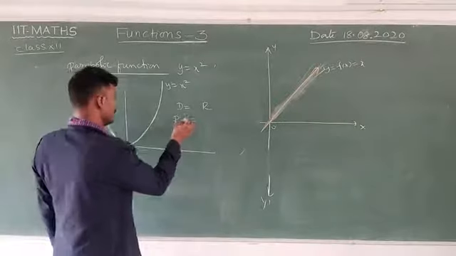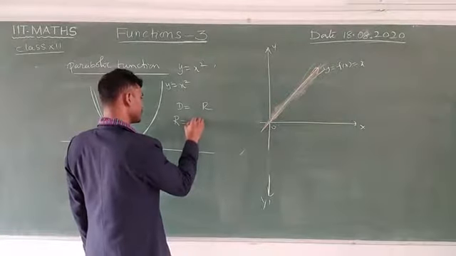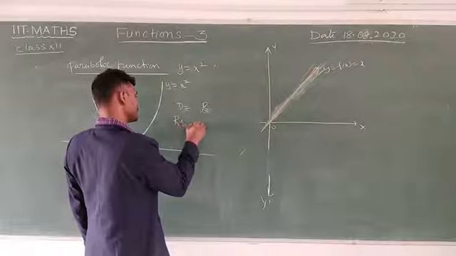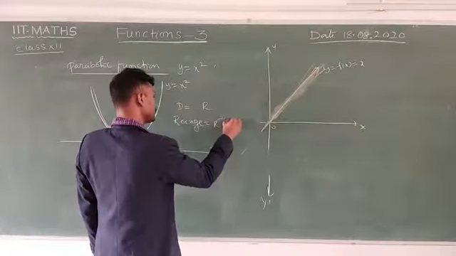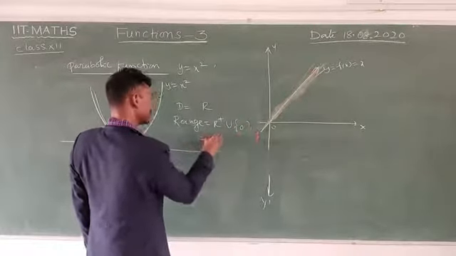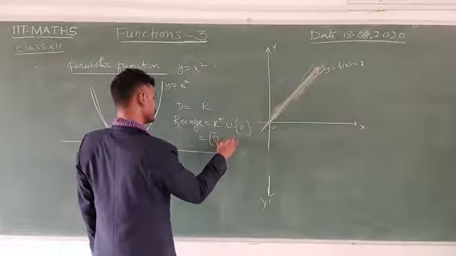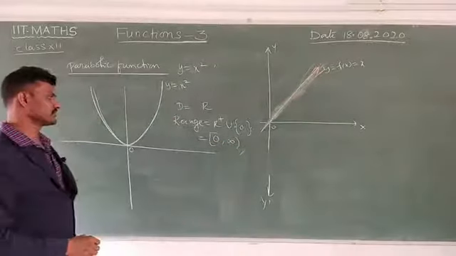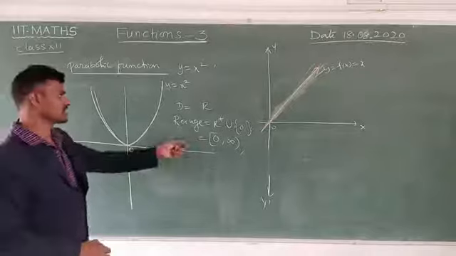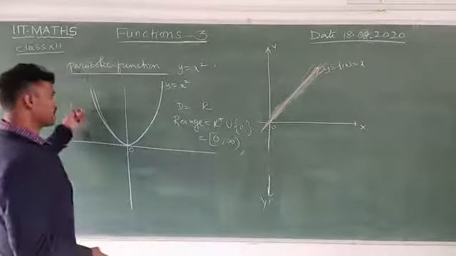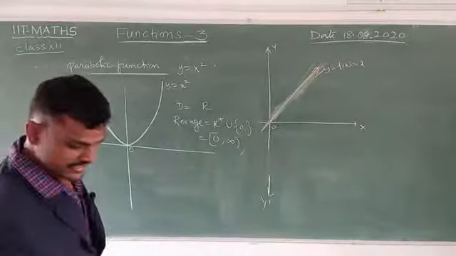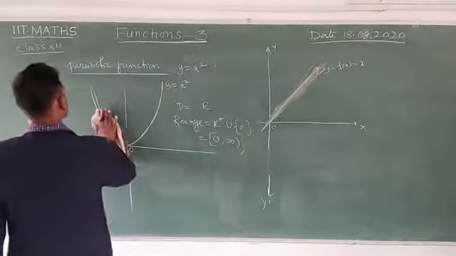That's why only the positive part is the range. Range is R plus union including 0, the closed interval 0 to plus infinity. This is the range. This is a parabolic function. Now next one is cubical function.